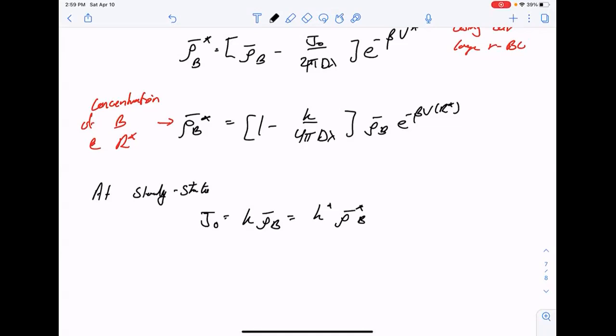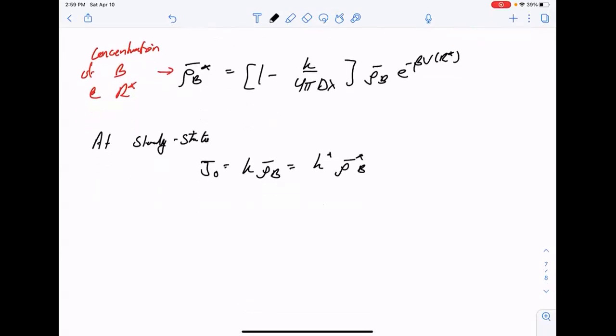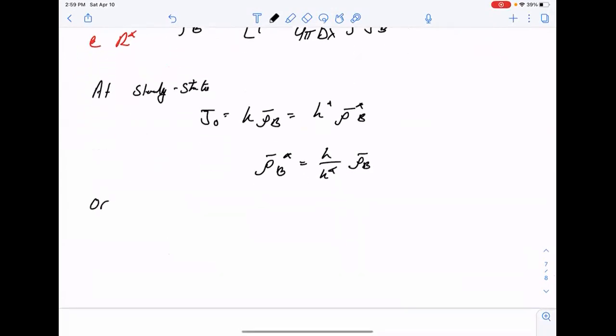Fluxes are equivalent everywhere, which means that we can substitute rho B star for K over K star times the bulk concentration of B, or finally that K is equal to 4 pi D lambda over 1 plus 4 pi D lambda over K star e to the minus beta V star.